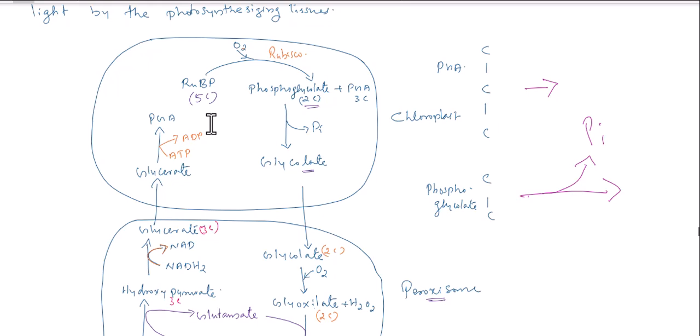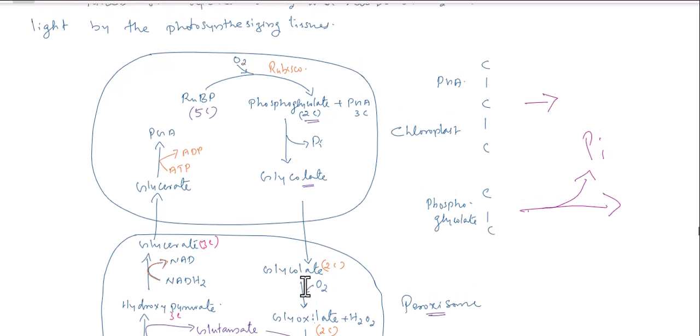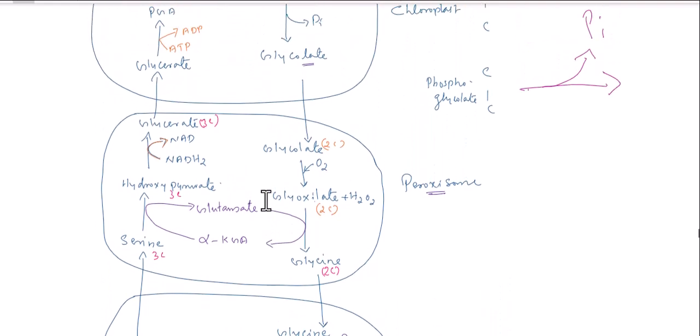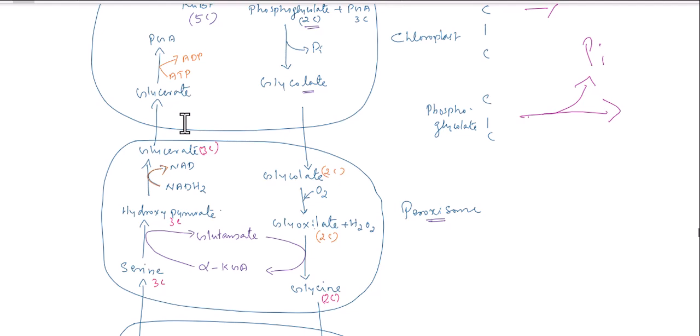So this is a series of reactions that occur as a result of oxygenation of RuBP in three cell organelles. During that process we can see there is no net energy production, but 1 ATP is lost during this process. Energy loss is there.